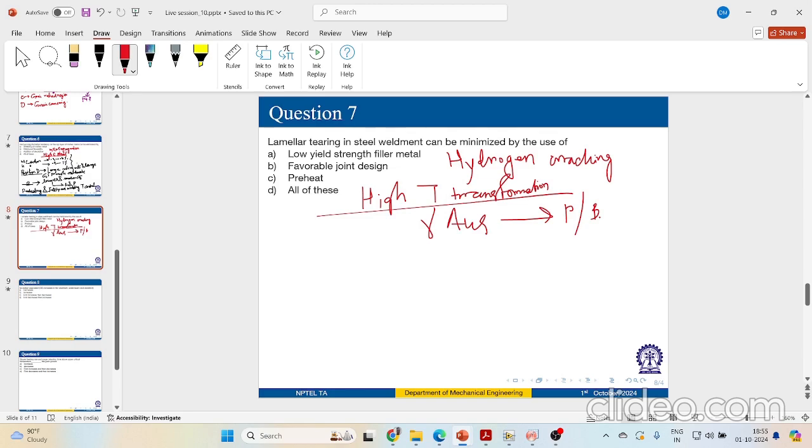But in the case of low temperature transformation, what is the example?